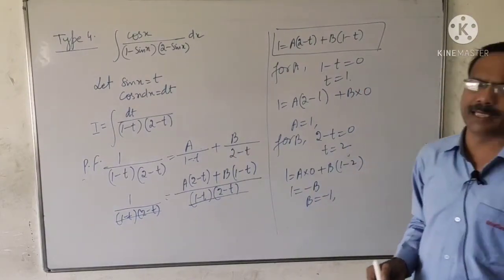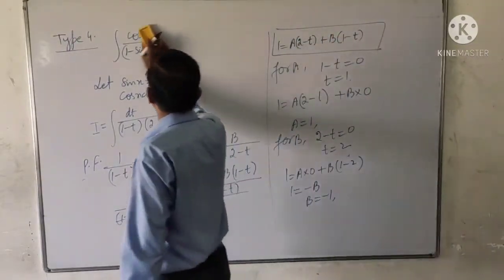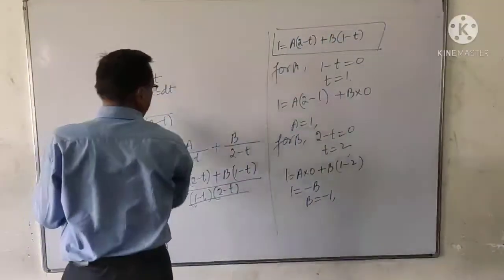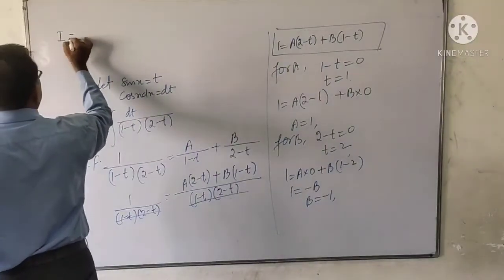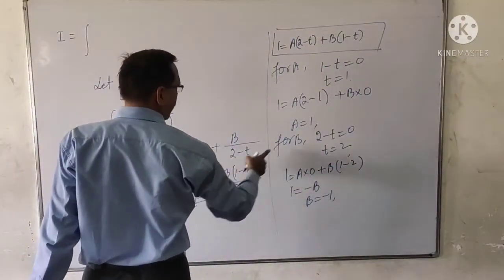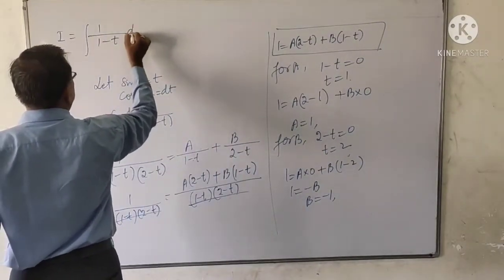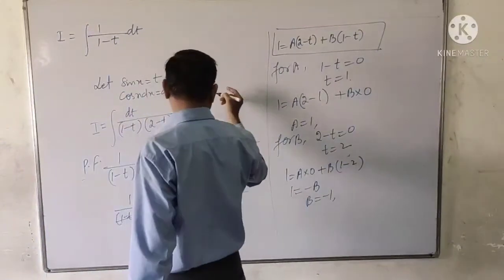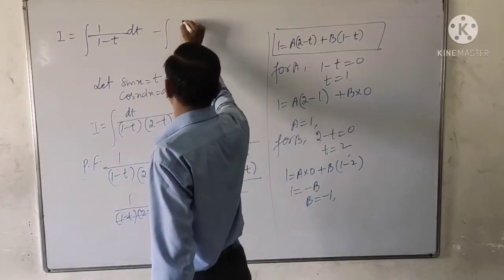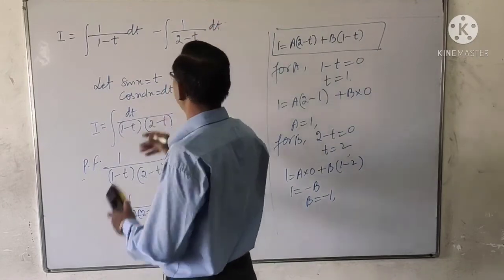To integrate this, we will write I equal to integration, value of A is 1, so 1 upon (1 minus t) dt. Value of B is minus 1, so minus 1 upon (2 minus t) dt.